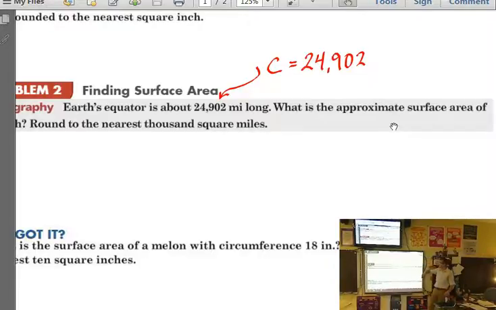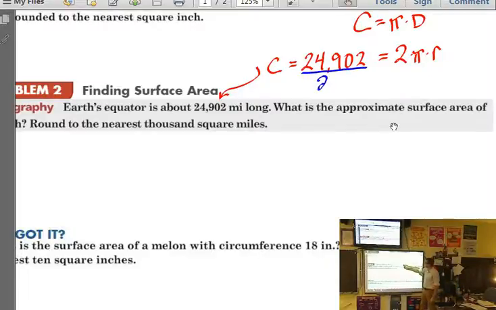So to derive the radius, we know that this is 2 times pi times the radius. So we divide by 2 pi. Because remember, circumference is really pi times diameter. So, Caleb, if you just divided by pi, you'd get your diameter. If you divide by 2 pi, you get your radius.